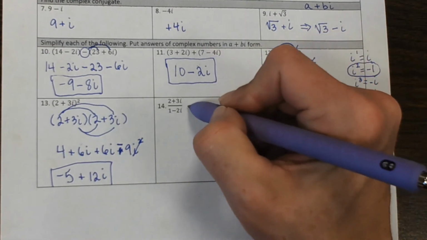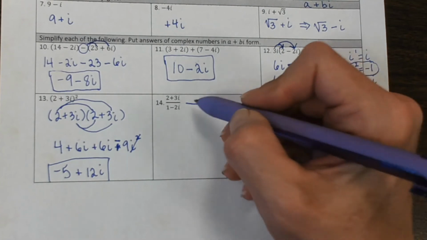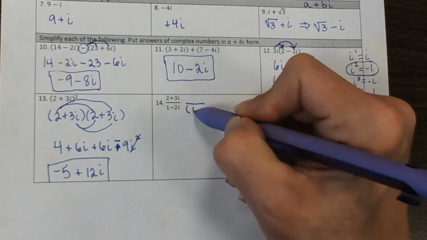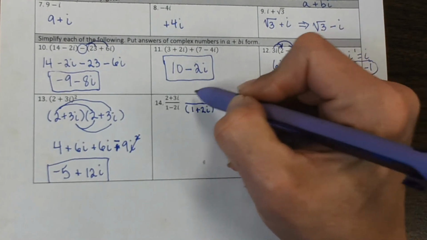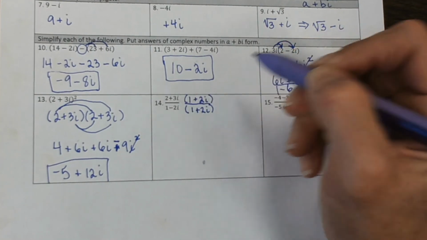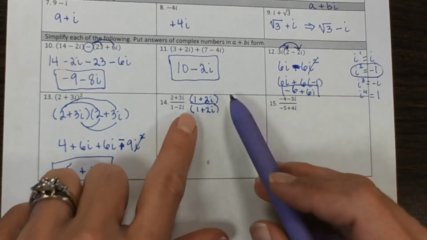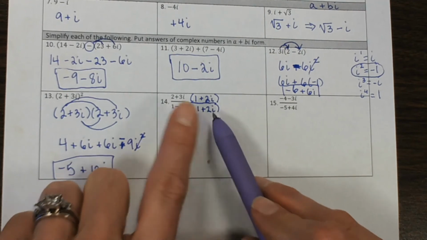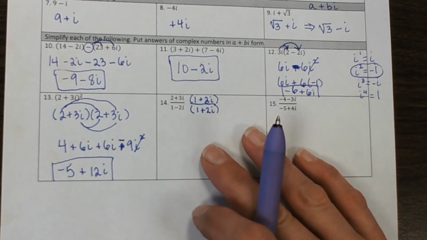So whenever we have a complex number divided by a complex number, we multiply the top and the bottom by the complex conjugate. The reason that we do this is that it will get rid of the i terms. The outer and inner parts will cancel out, and then we'll have an i squared, which we can just change to a negative. So that's the reason that we use the complex conjugate.